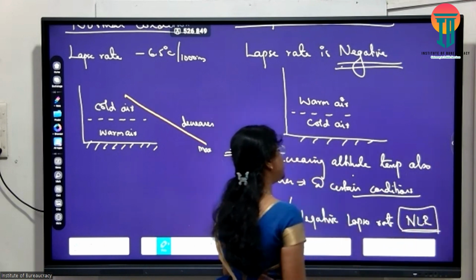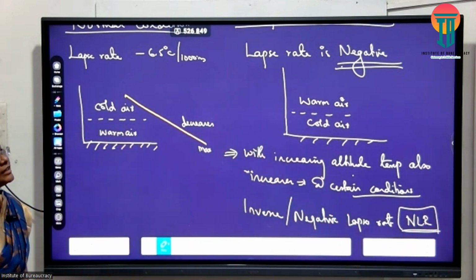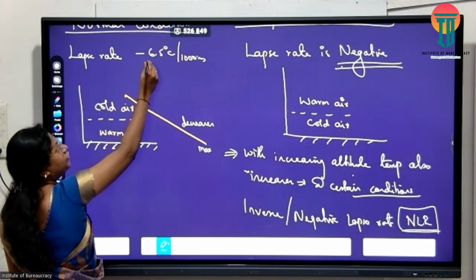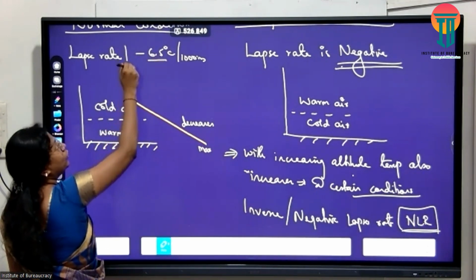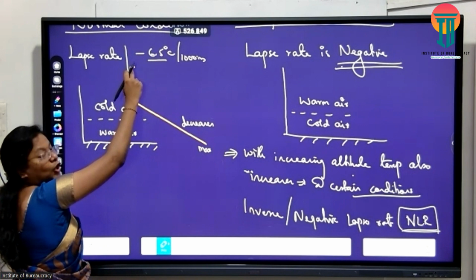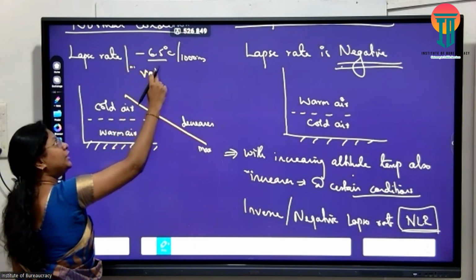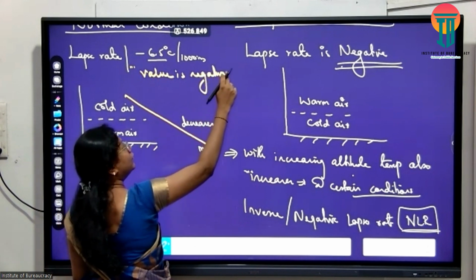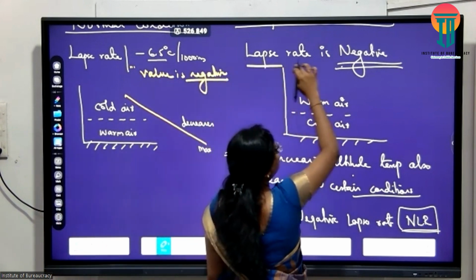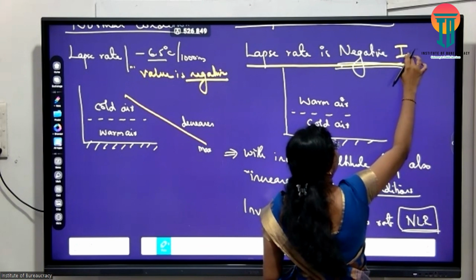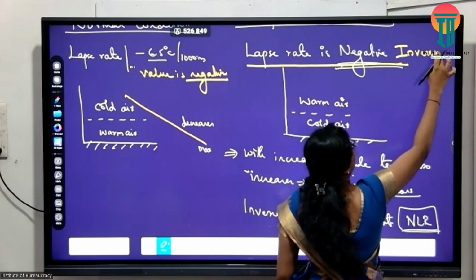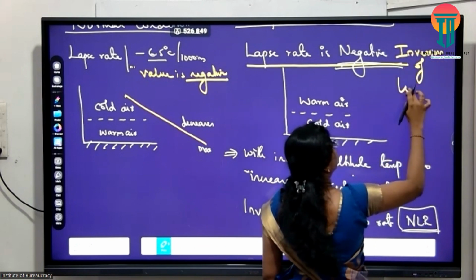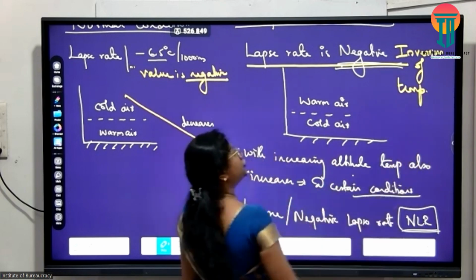So temperature inversion upon negative lapse rate. Conceptual clarity, the value of lapse rate is negative. எப்போ நார்மல், அப்போ the value is positive, whereas the lapse rate is negative ங்கிறது inversion of temperature.